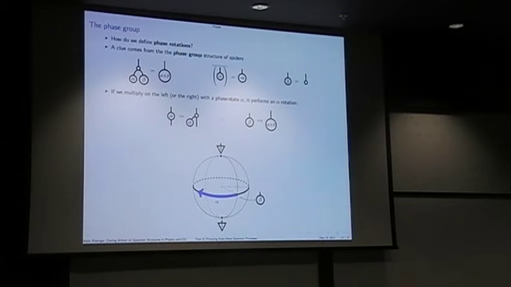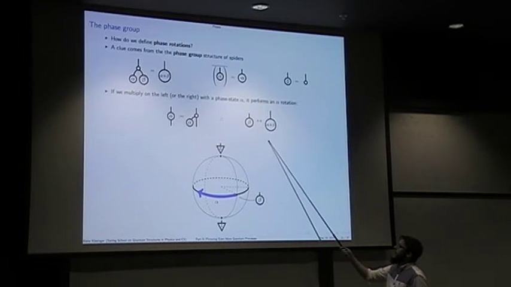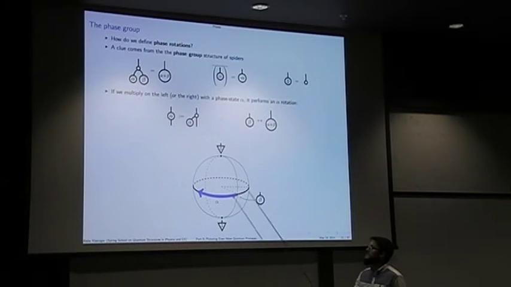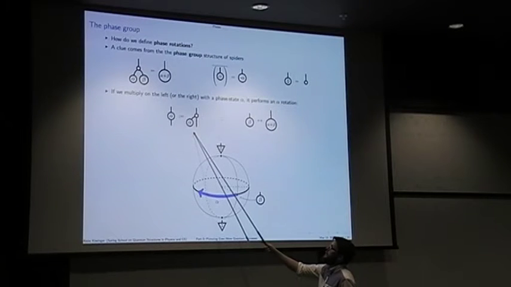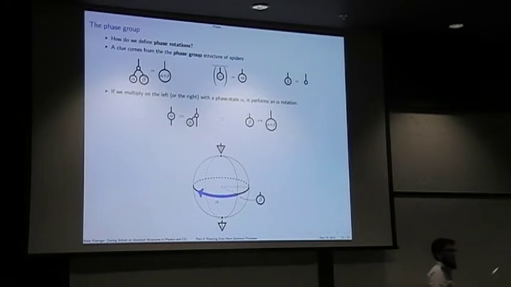In this case, the white phase group structure. Now, suppose I want to take some point beta and send it to alpha plus beta. Well, the way I actually conduct this phase rotation is I just multiply on the left or the right with alpha, right? So this thing is called a phase map.